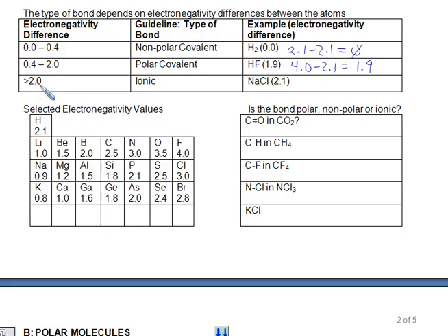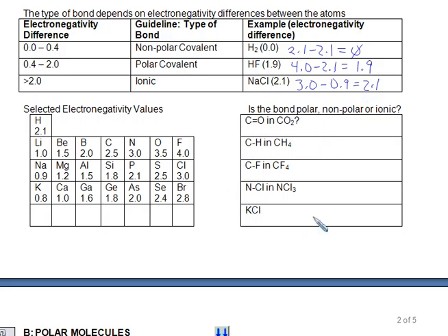If it's over 2.0, then we classify the bond as ionic. So, for example, sodium chloride, we would take the electronegativity of chlorine, which is 3.0, and subtract the electronegativity of sodium, which is 0.9, and we get a value of 2.1. So at this point, we have an ionic bond.